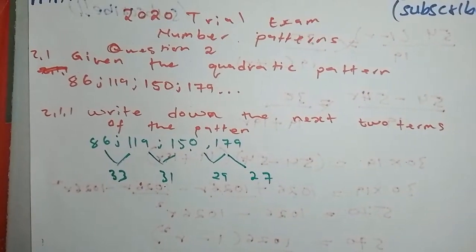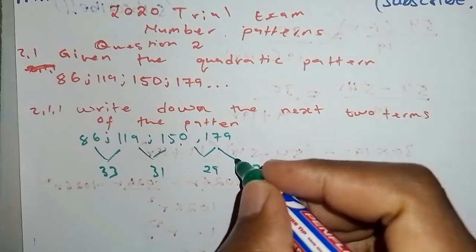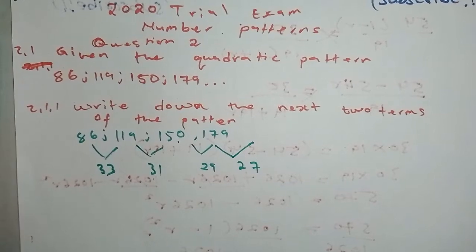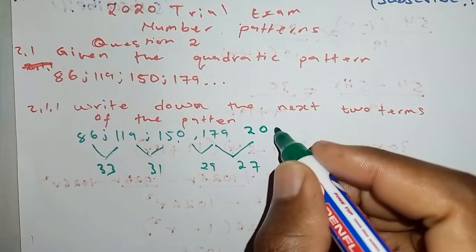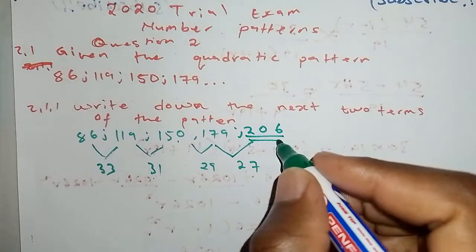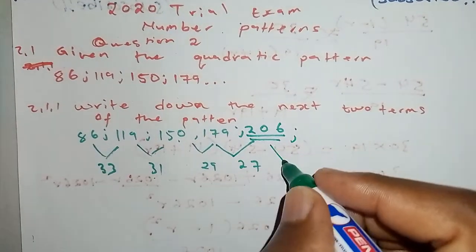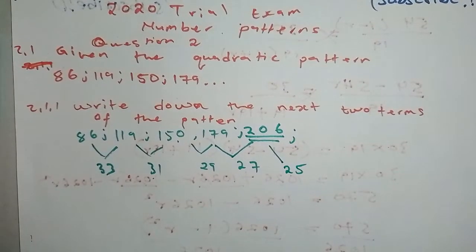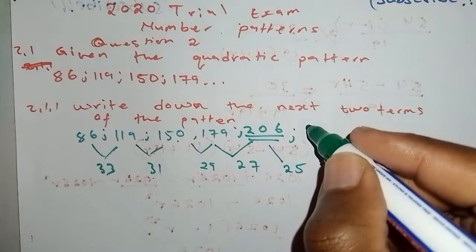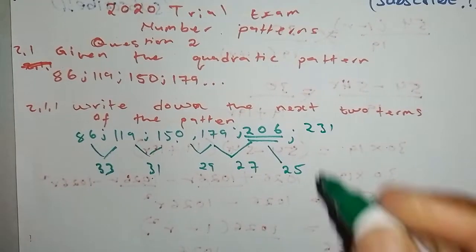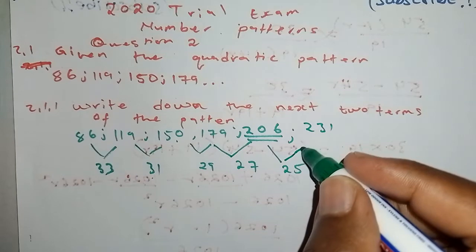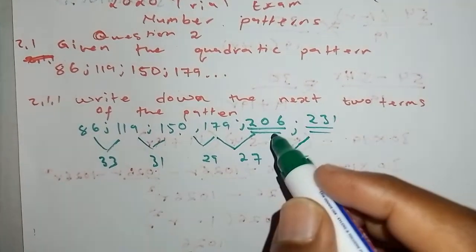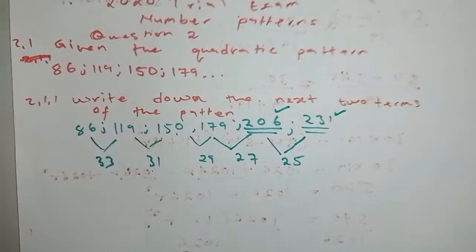So 179 plus 27 gives 206, which is my next term. Then when I add 25, I get 231. That is how I'm getting the next two terms, which are 206 and 231.